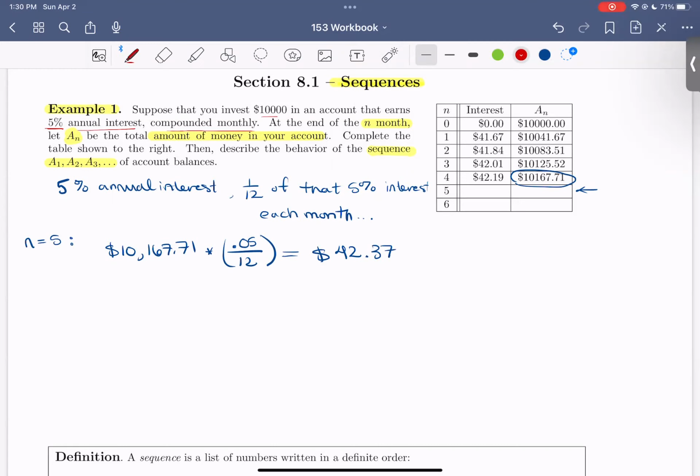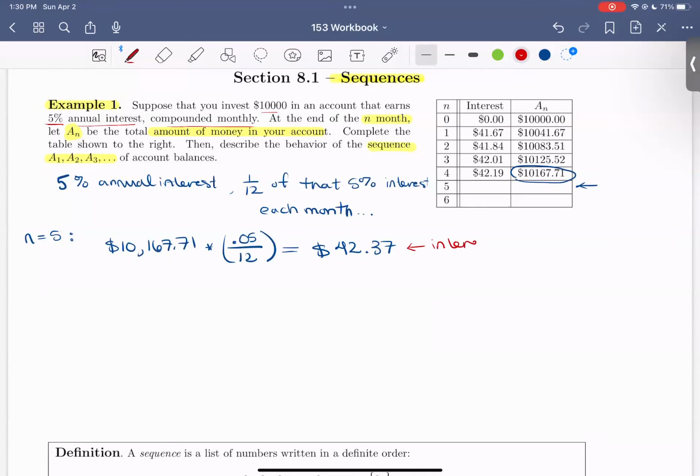So that is going to be the interest earned in the 4th month. And actually, rather, this first is the 0th month, so this 4th is actually the 5th month. So we'll say the 5th month of having money in the account.